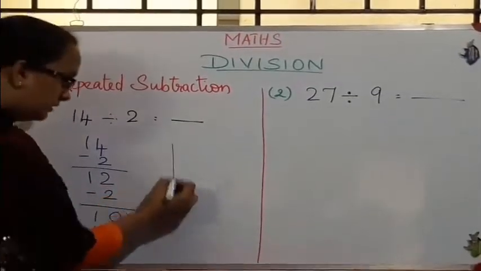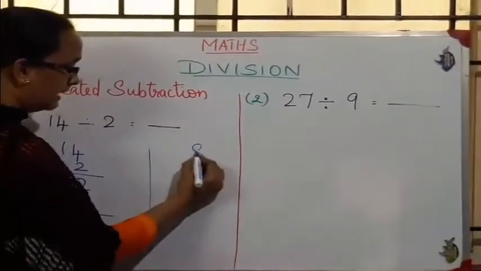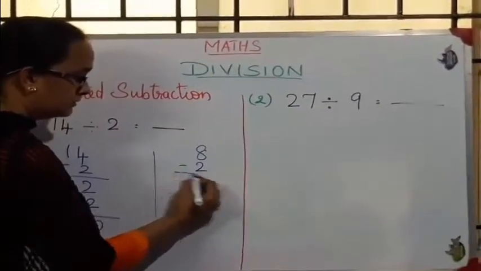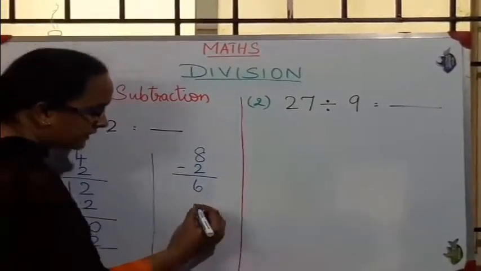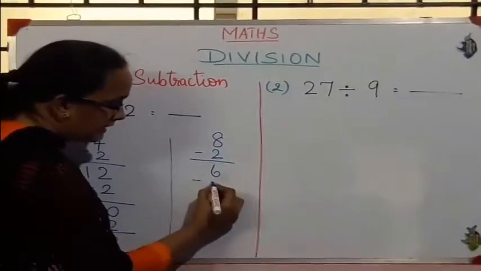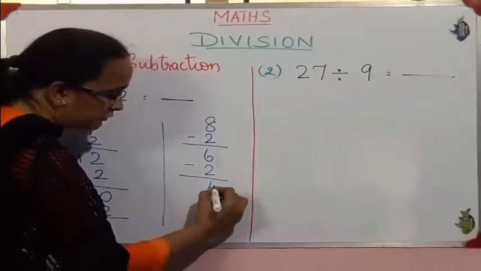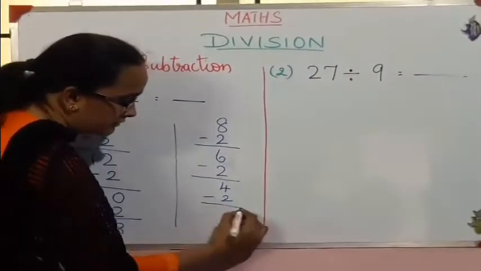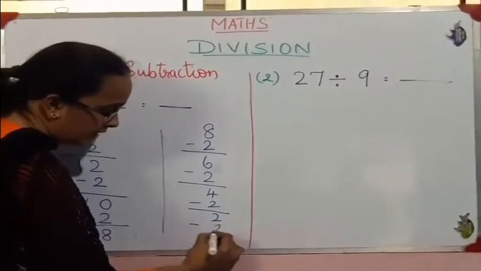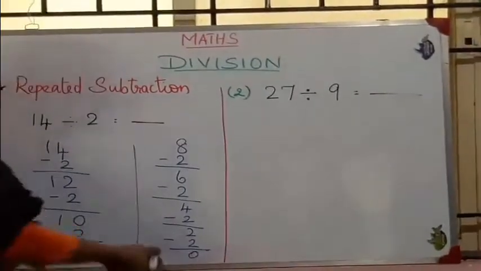8 minus 2, 6. Minus 2, 4. Minus 2, 2. Minus 2, 0. I got it. Okay.